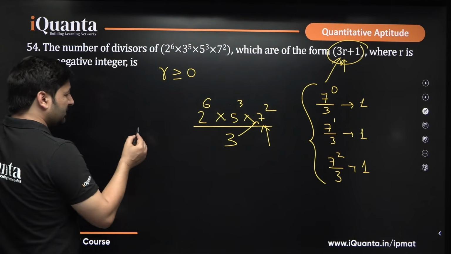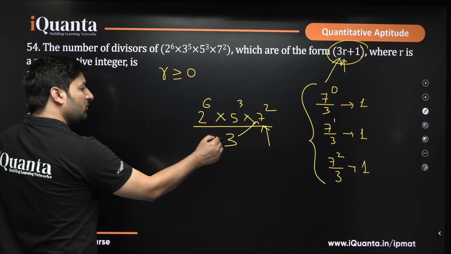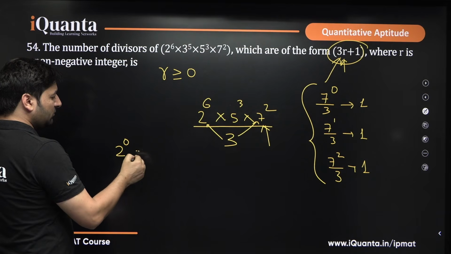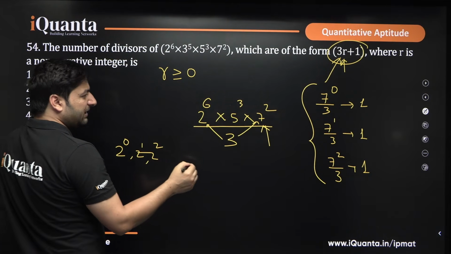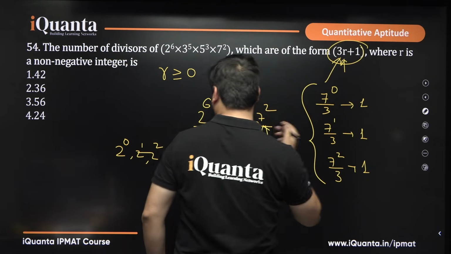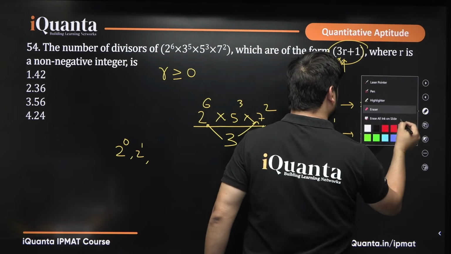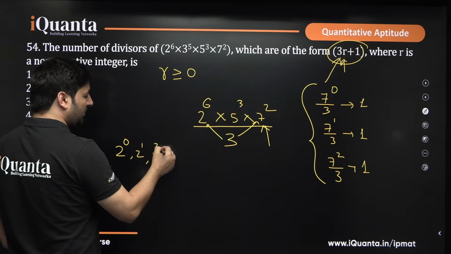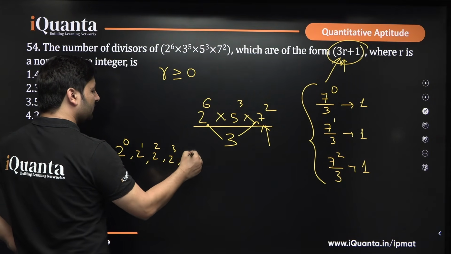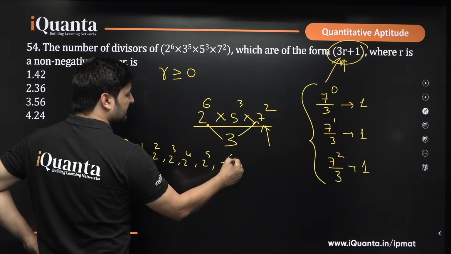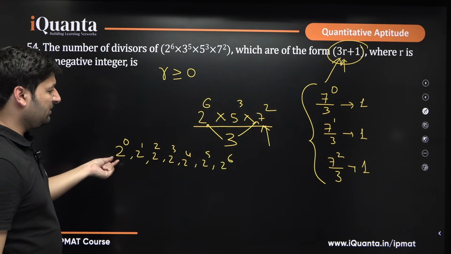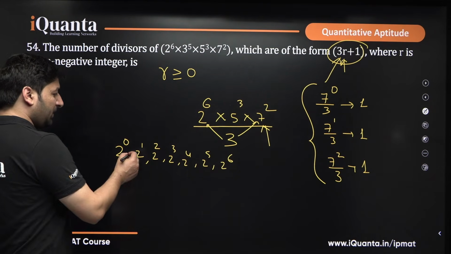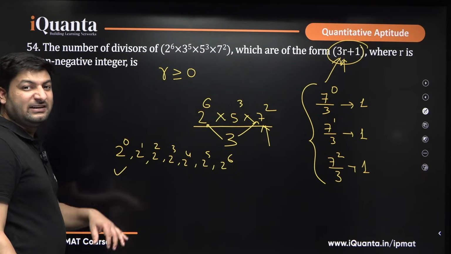What about these 2 to the power 6 into 5 to the power 3? If you look at 2 to the power 6, there can be 2 to the power 0, 2 to the power 1, 2 to the power 2, 2 to the power 3 and so on till 2 to the power 6 in the factors that I am going to get. When you divide 2 to the power 0 by 3, you get remainder 1. So, yes, we will pick it up, okay. If you divide 2 to the power 1, which is 2, by 3, the remainder is not 1.